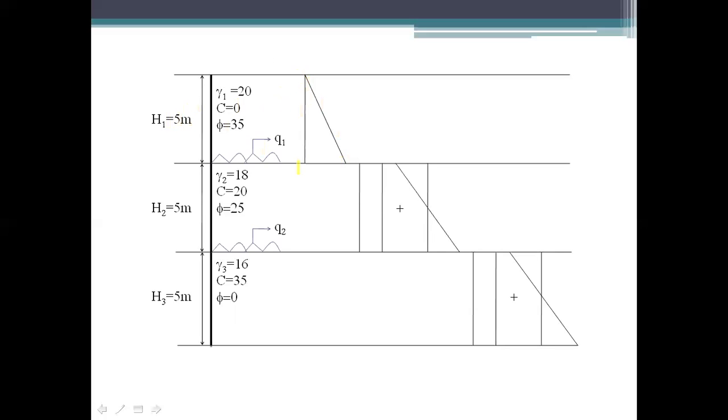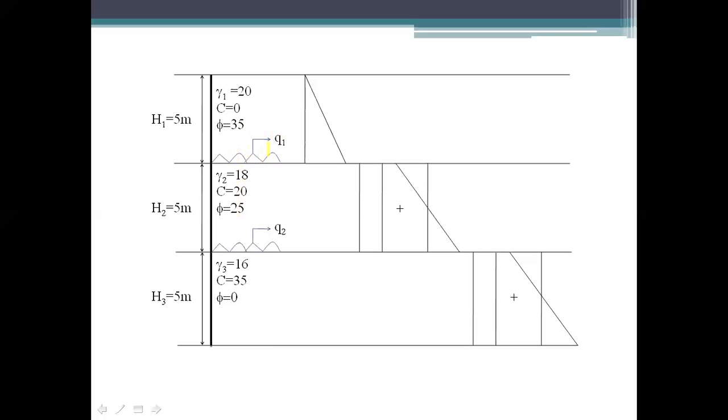Now when there is a second layer, this soil load will be carried on this second layer. So here there will be a UDL developed, which is a surcharge loading of layer 1 of 5 meter. We have termed it as Q1. So it is having gamma equals 18, C equals 20, and phi equals 25.